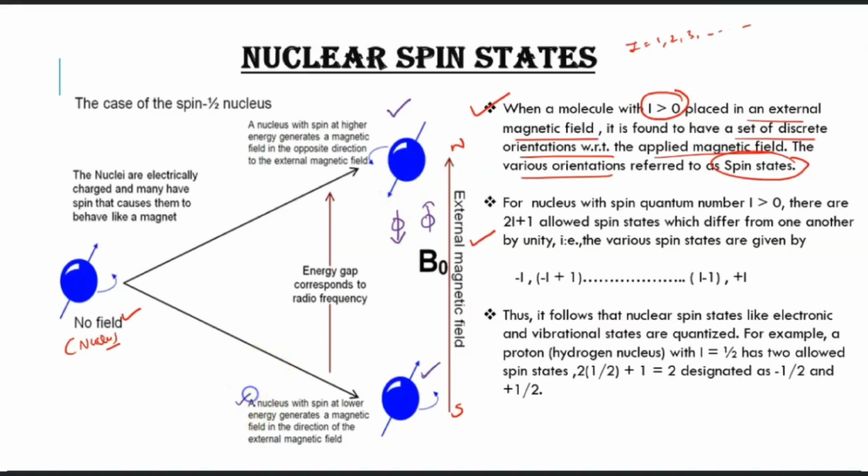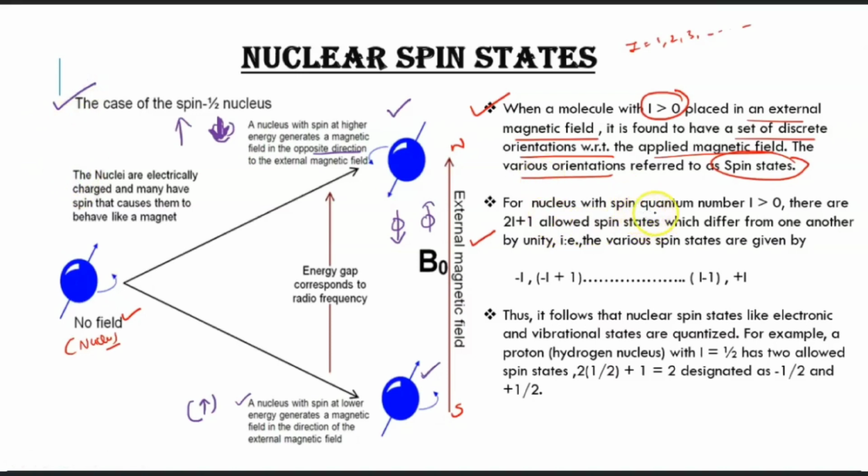So you can see it is mentioned here that a nucleus with spin at lower energy generates a magnetic field in the direction of the external magnetic field, that is parallel, and in the anti-parallel case it will be this one. So a nucleus with spin at higher energy generates a magnetic field in the opposite direction to the external magnetic field. So if this is the direction of the external magnetic field, then this is the direction of this spin. Understood? This is the base of this chapter, it should be clear to you here, right?